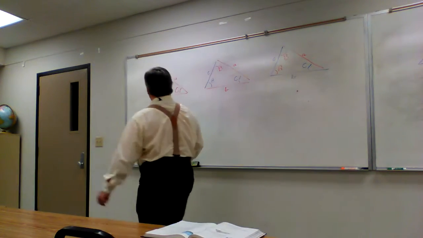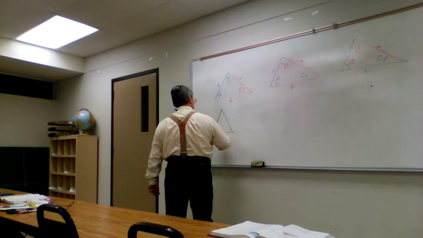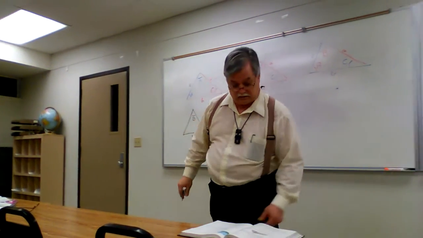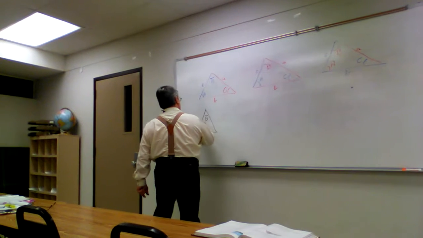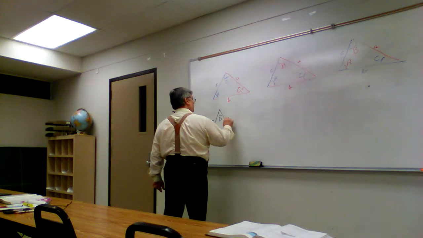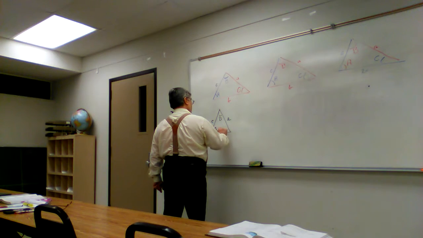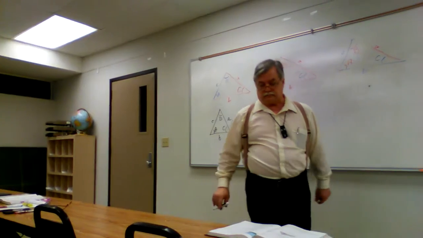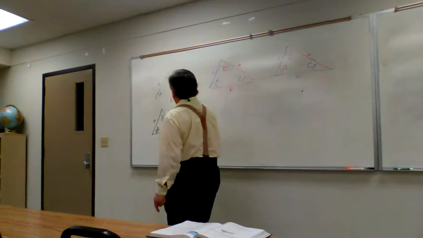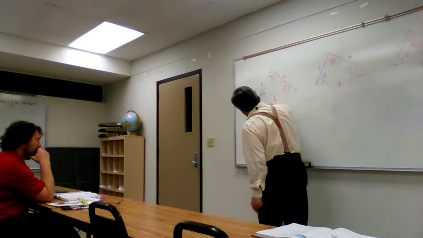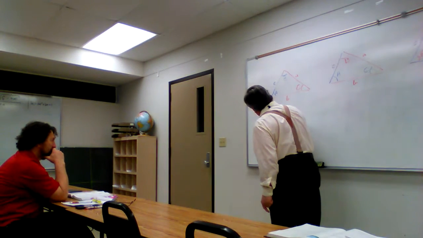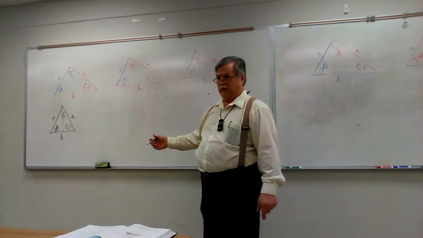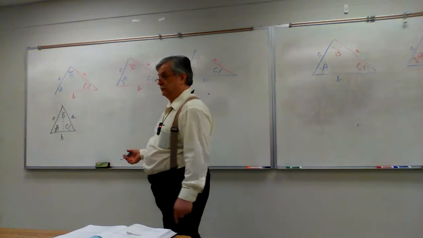B. There's B. Now, we start from this apex and we divide this triangle into two separate triangles, both of which are now right triangles.